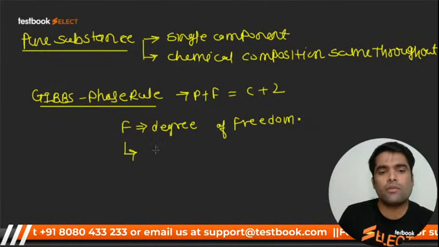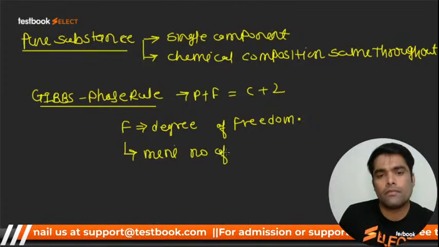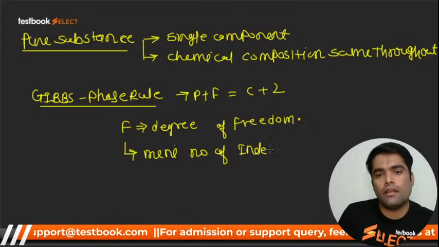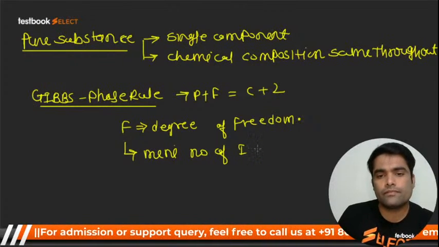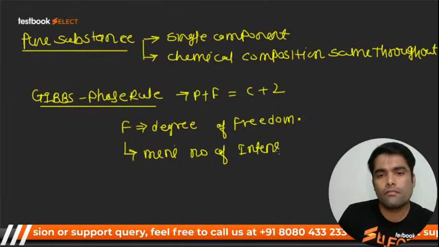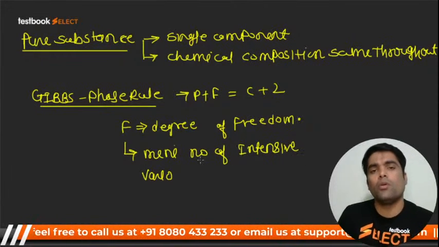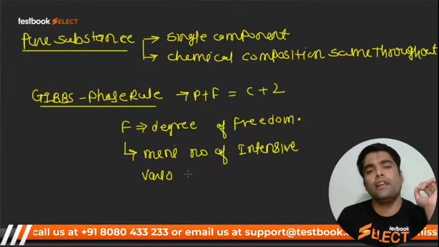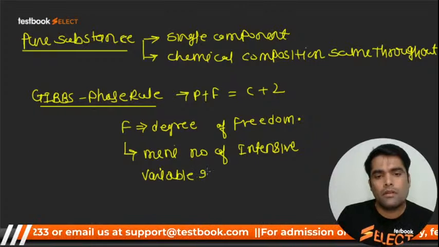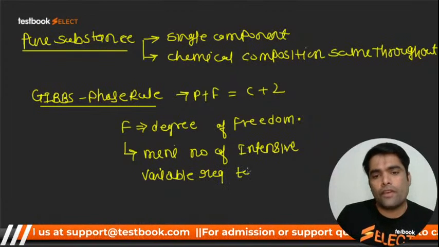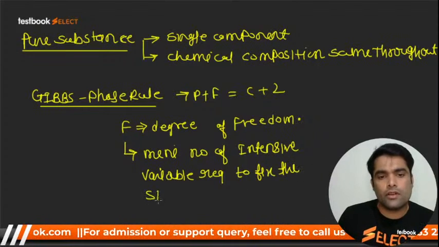It is the minimum number of independent, or we can say intensive, variables required to fix the state of the system. आप independent भी बोलेंगे, then you are also right.